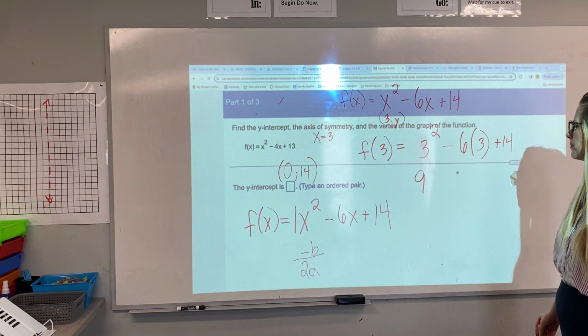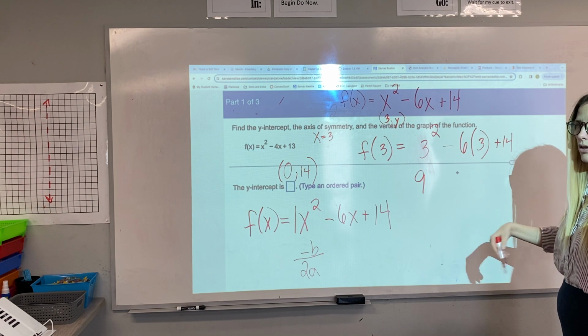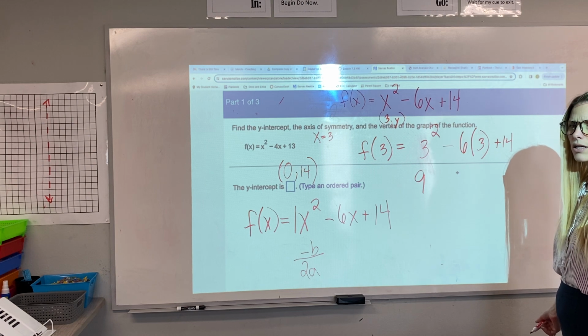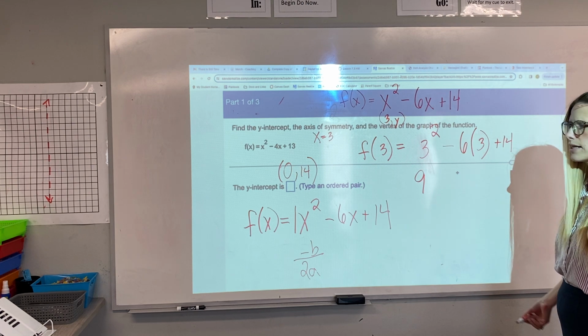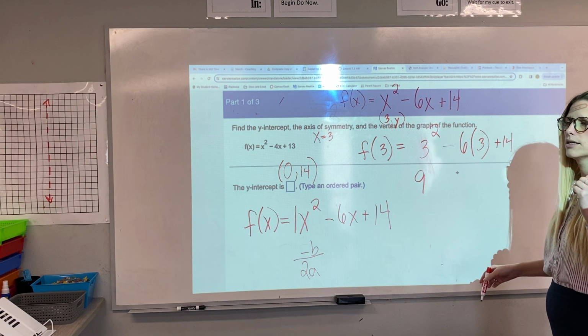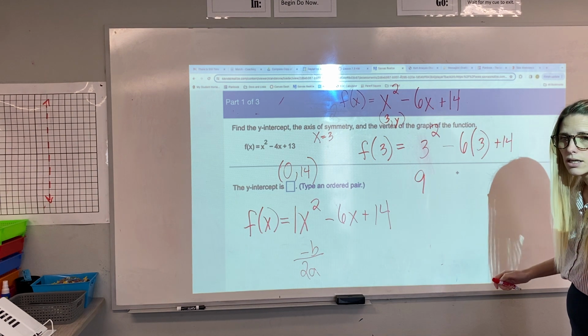The 6, negative 6, 8. Use the names for the operations. We don't say negative 6, 3. What's the operation that it's showing? Operations are addition, subtraction, multiplication, division, exponents. Multiplication.